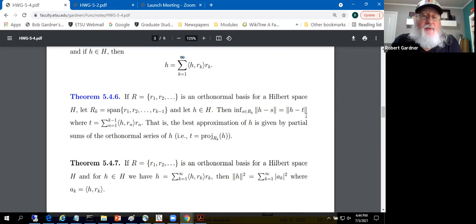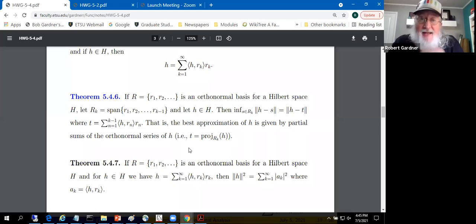This equals the norm of H minus T, where T must take on this form. We know by previous experience there exists a unique vector in that subspace, and this tells you what that vector looks like. It's a partial sum of what we had up here, which is not at all surprising.